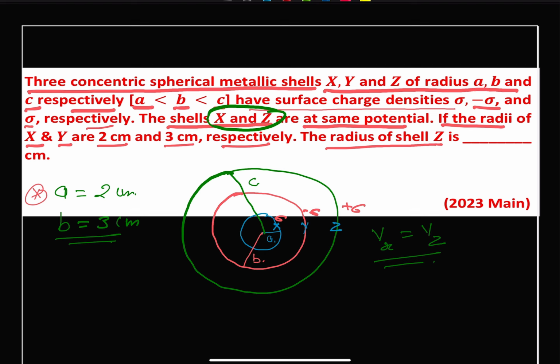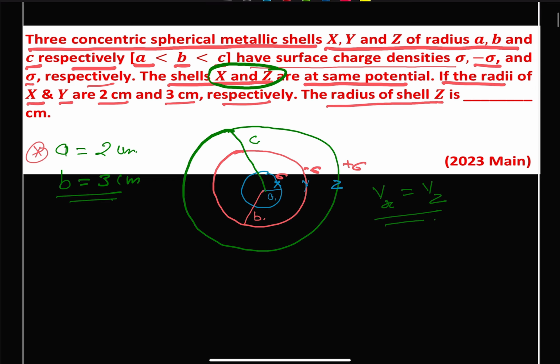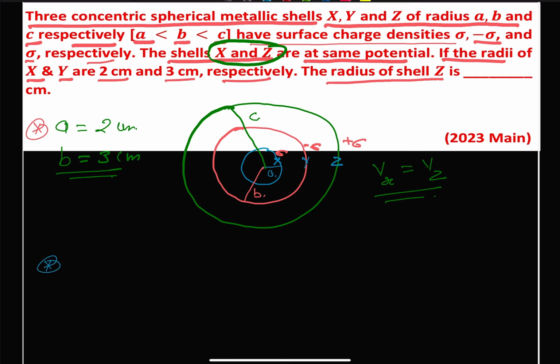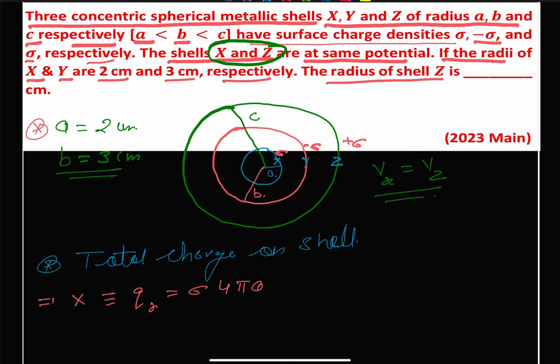So first of all, we are going to find out the respective charges on each shell. Therefore we can write the total charge on shell, let us start with our X shell, and we call that Q of X, which will be equal to sigma multiplied by 4 pi a square.